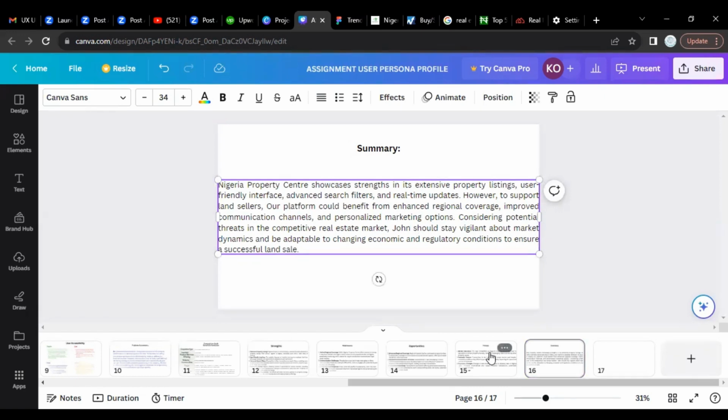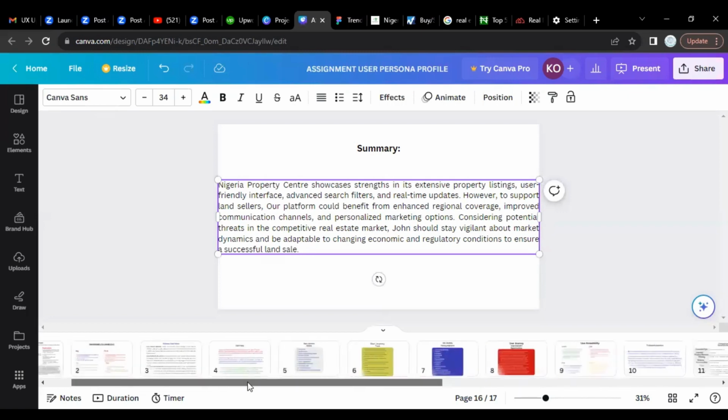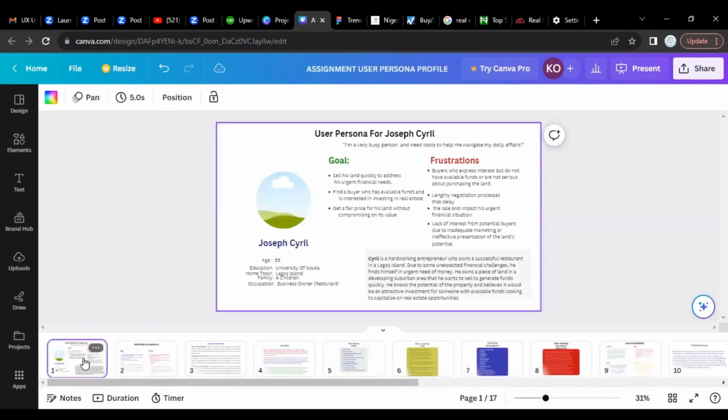So let's start from the beginning. I will give you some feedback one by one. What are the things that you have to improve and change? Overall, for the user persona, as I mentioned, I already gave a little bit of insight in our past class. But again, I will repeat that the user persona is pretty fine.